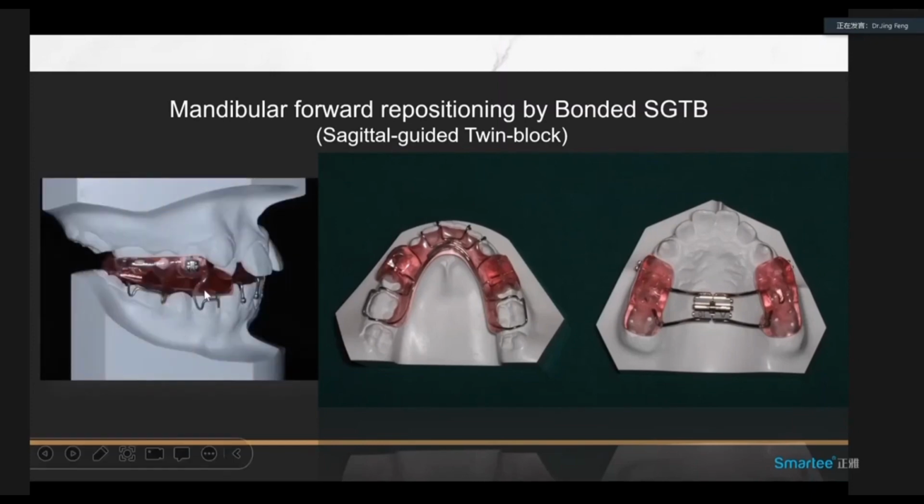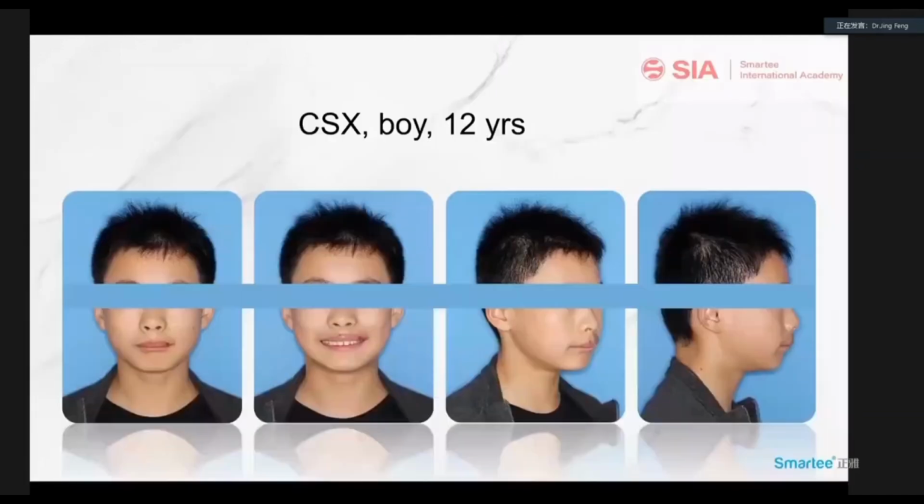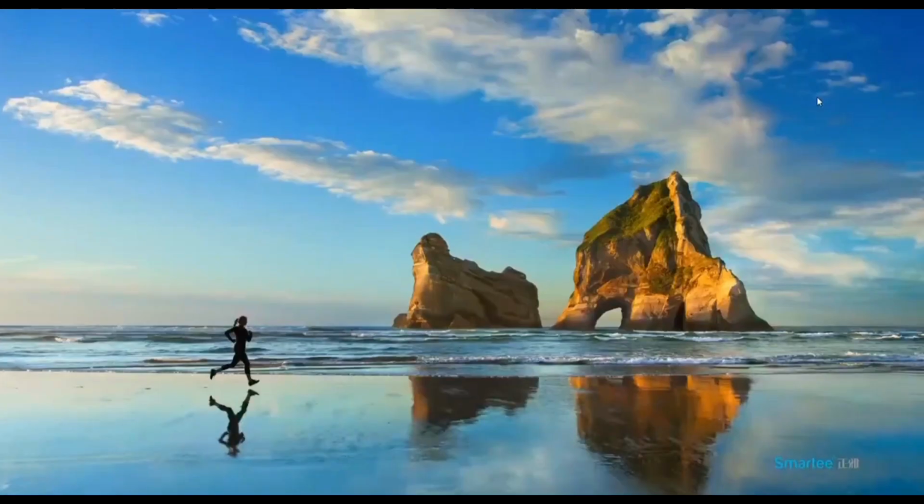Here is an oblique plane to guide the lower jaw forward to the normal position, and it is very reliable. Here is a case using the bonded SGTB. It's a 12-year-old boy. His main complaint is protrusive upper lips and retrusive lower jaw.